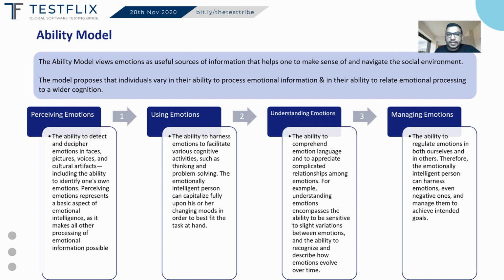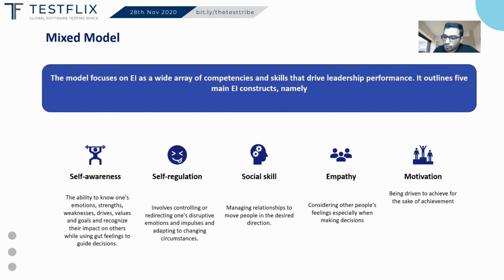The other model is the model which is used by leaders more often, which is called the mixed model. If you are in a situation where you are responsible for the outcome of a team, the mixed model asks you to be more self-aware about your weaknesses so that you can self-regulate them. It also encourages you to know your strength areas so that you can play along with them.